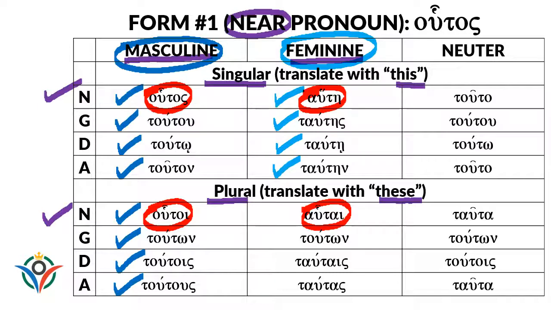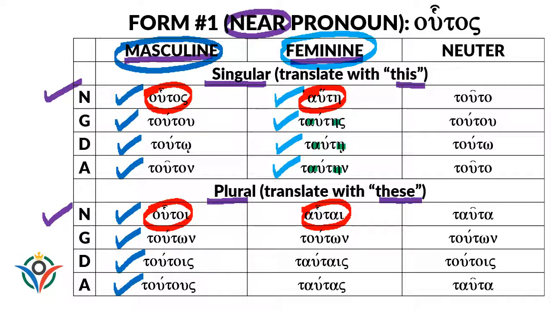So you will notice here that there's a few changes. So the omicron has disappeared, and now we have an alpha after the tau. And why is that? It's because we have eta in the endings. All right, so that is one of the helpful observations that I want you to take notice of.